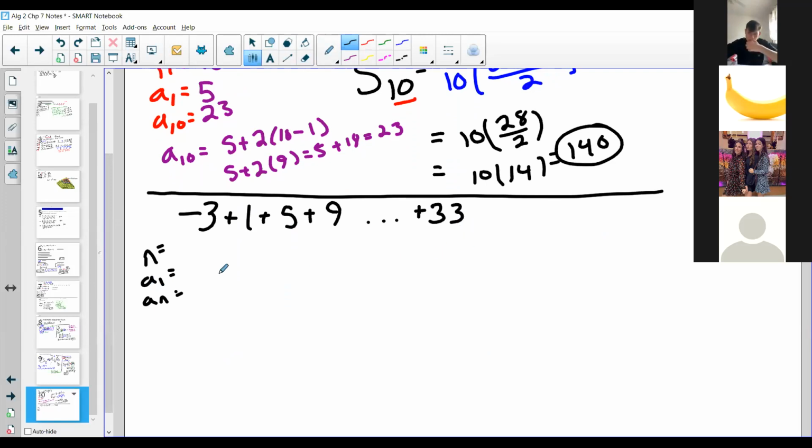All right. So what's actually really nice here is I already know what my a1 is. It's going to be my first term no matter what. So I get my first term for a freebie, which is -3.